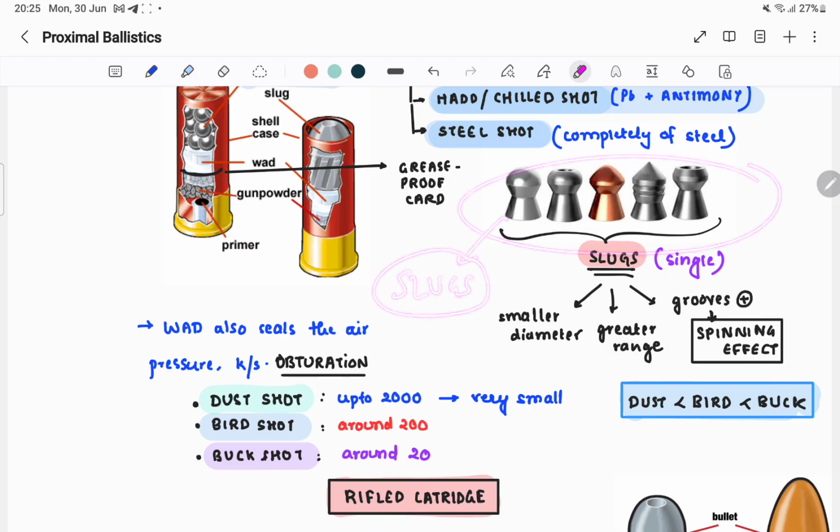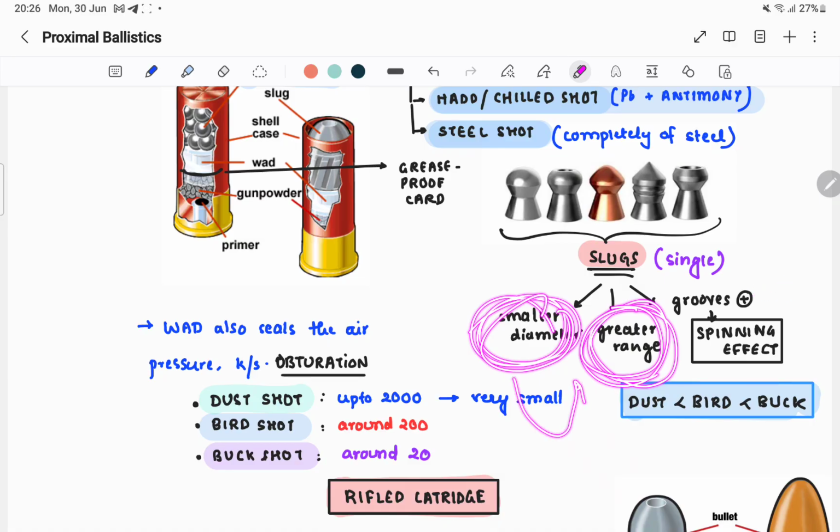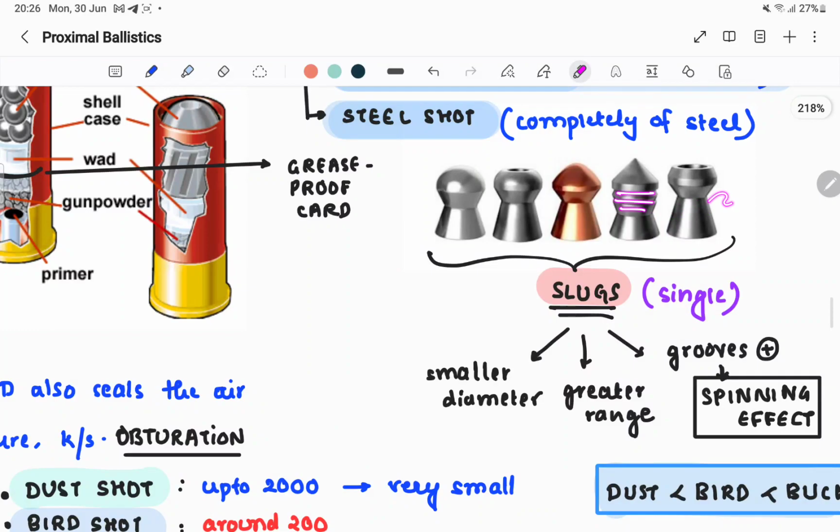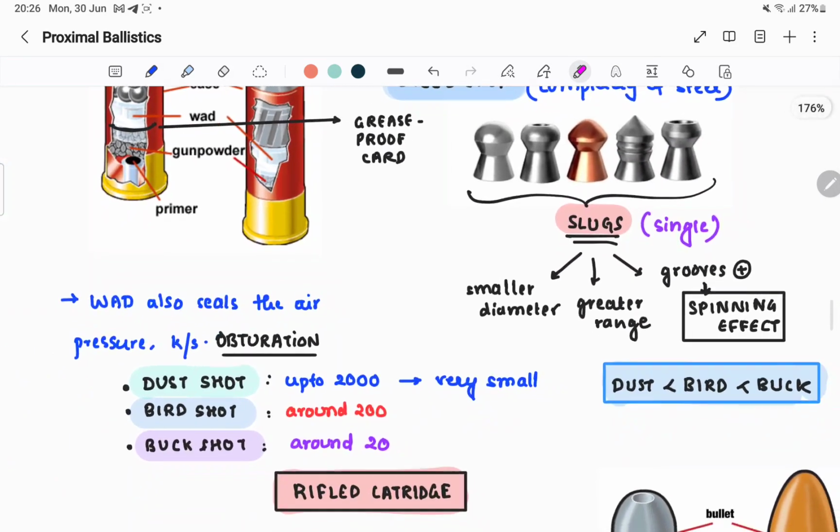Slugs are basically smaller things which have a greater range. Small packet, big bang. And look at this, it has grooves like this for a better spinning effect.